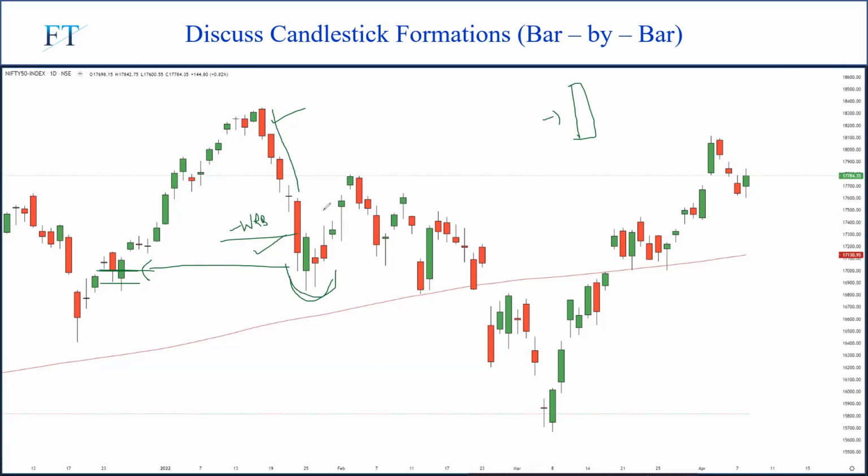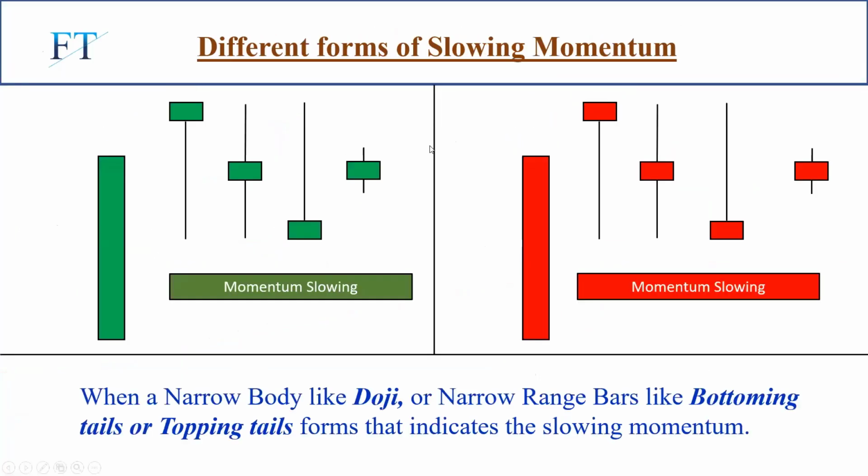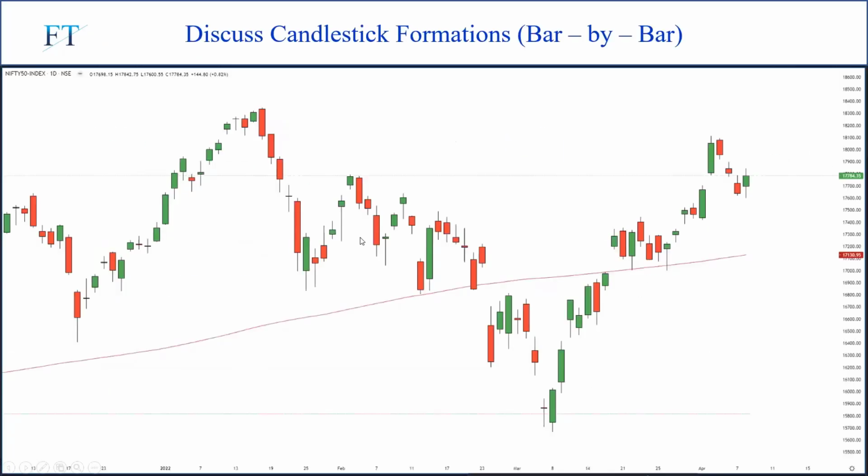Now just look at this bar here, right? If you remember from the previous slide, let me show you that previous slide where we have a similar kind of bar here. So look at this bar here, right? Now compare it with this bar. This bar opened here, right?